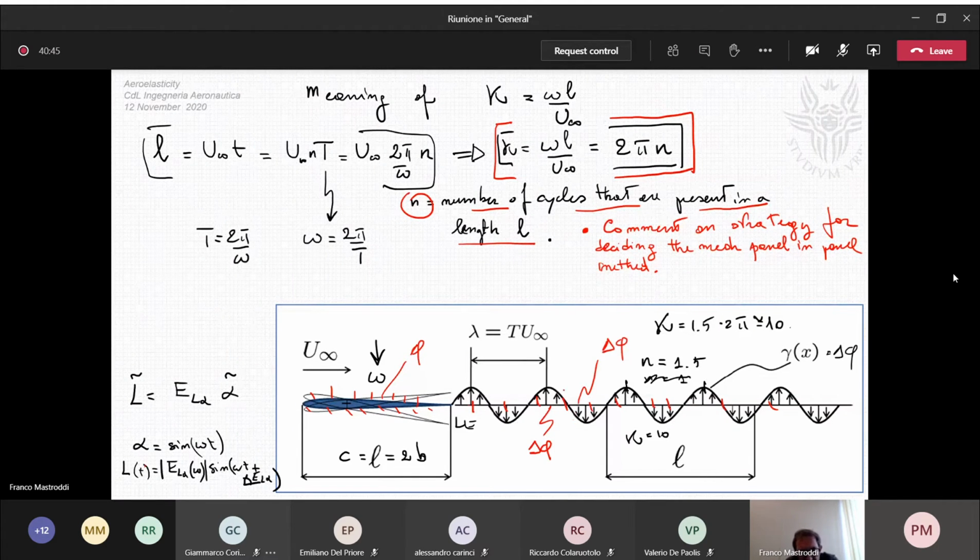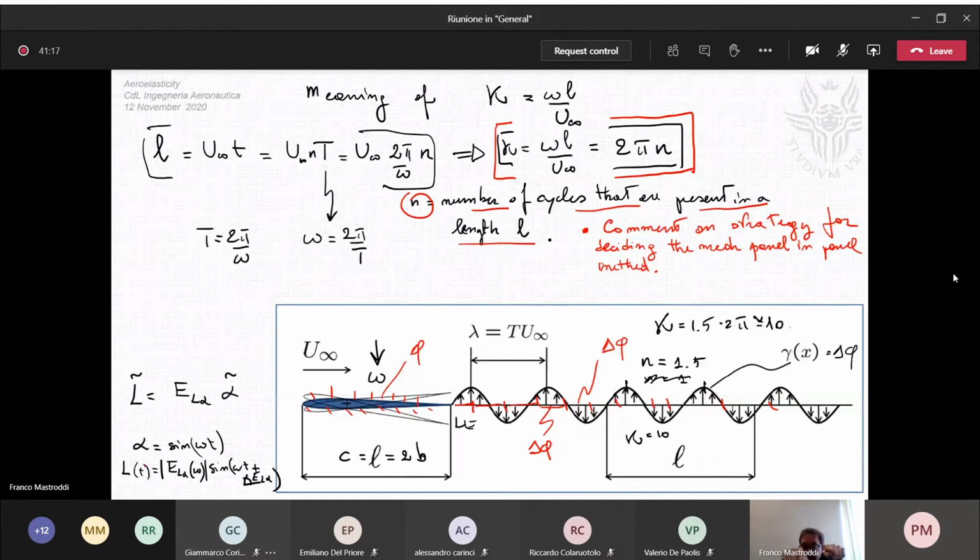So, do you have any kind of limitation on deciding the mesh of your paneling on the wake or not? If you imagine an elementary frequency motion, and you know very well that a general motion is a superposition of frequency motions, concentrate on an elementary harmonic motion.